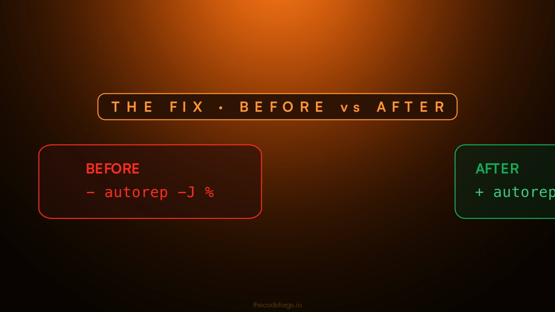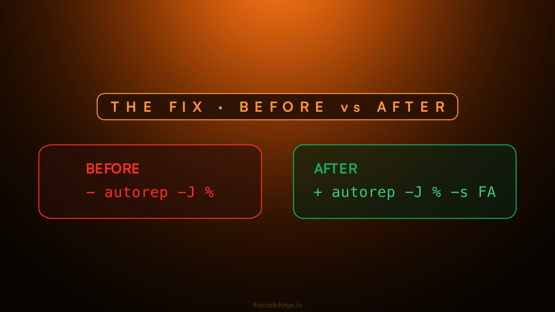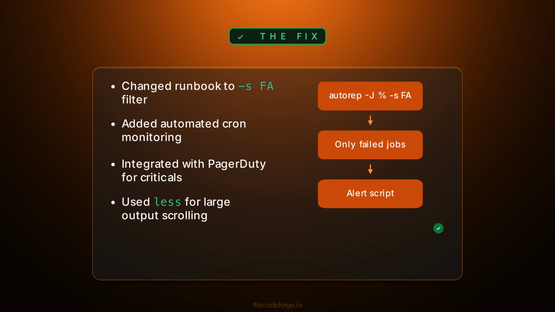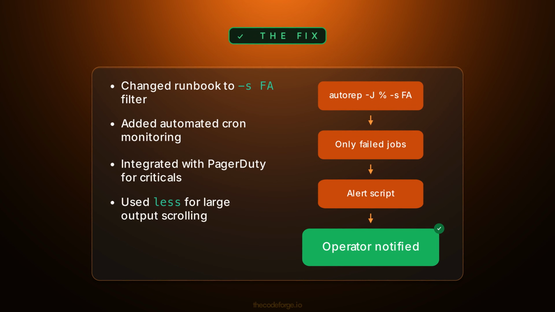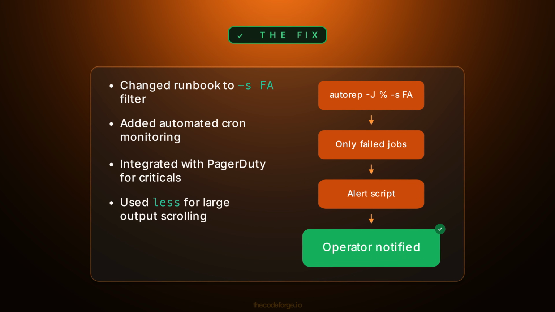The operator ran autorep J% without a status filter, which dumped all jobs sorted alphabetically, causing failures to be buried in the output and missed due to terminal buffer limits. The fix was straightforward. First, change the operator runbook from autorep J% to autorep J% SFA to show only failures. Second, add automated monitoring.